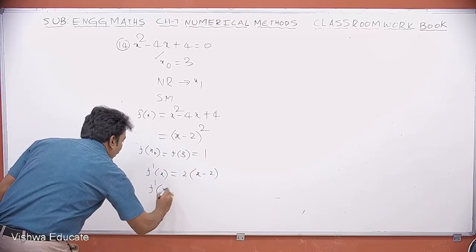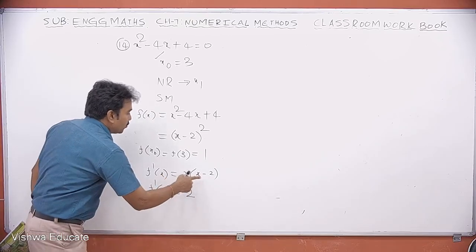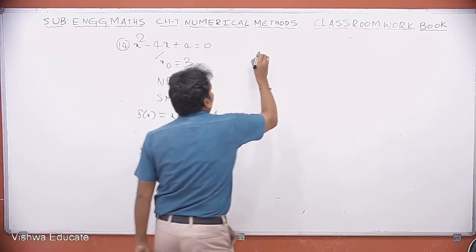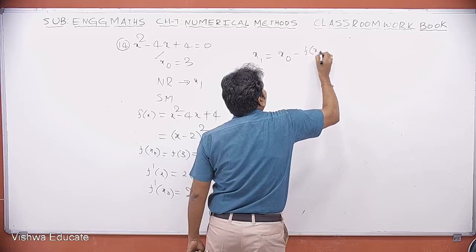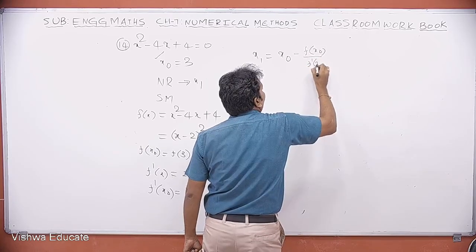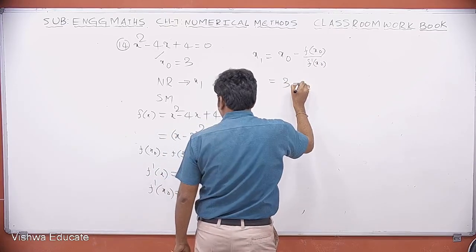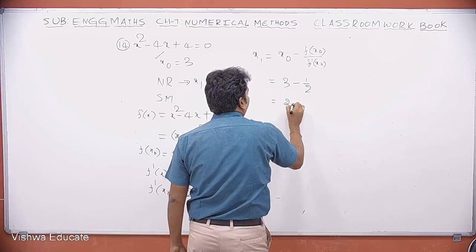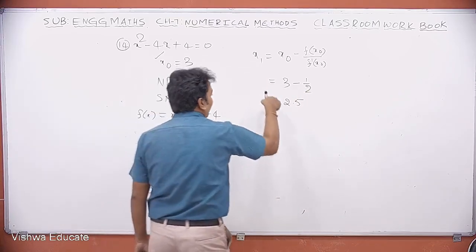So f dash of x0 is 2 into (3 minus 2), you will get 2. Therefore, the value of x1 using the Newton-Raphson method is x0 minus f of x0 divided by f dash of x0. X0 is 3. This is 1 by 2. So therefore, this value gives me 2.5. Therefore, we got the x1 value.